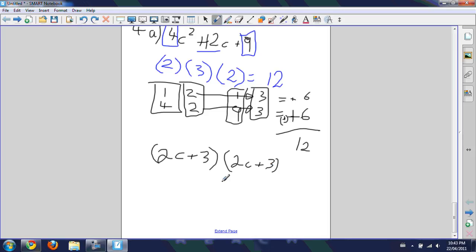So since it's like this, and we know it's a perfect square, we already know that the final answer should look more like this. 2c plus 3 squared. So this is our final answer.